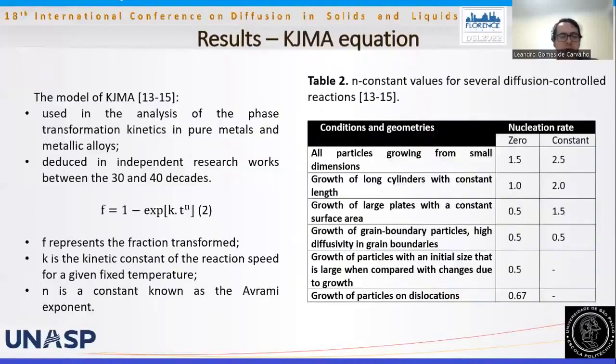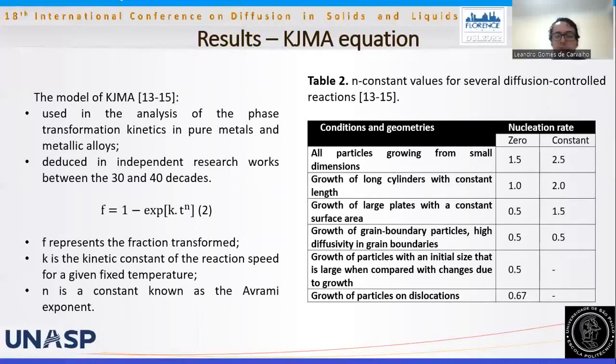The KJMA model is commonly used in the analysis of the phase transformation kinetics in pure metals and metallic alloys. It was deduced in independent researches between the 1930s and 1940s by Kolmogorov, Johnson, Mehl, and Avrami.